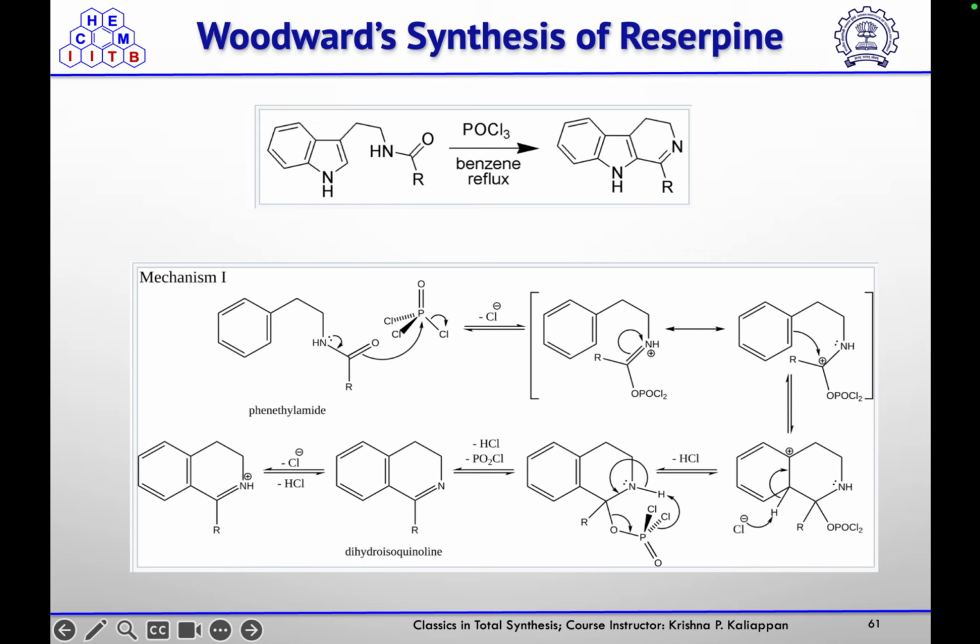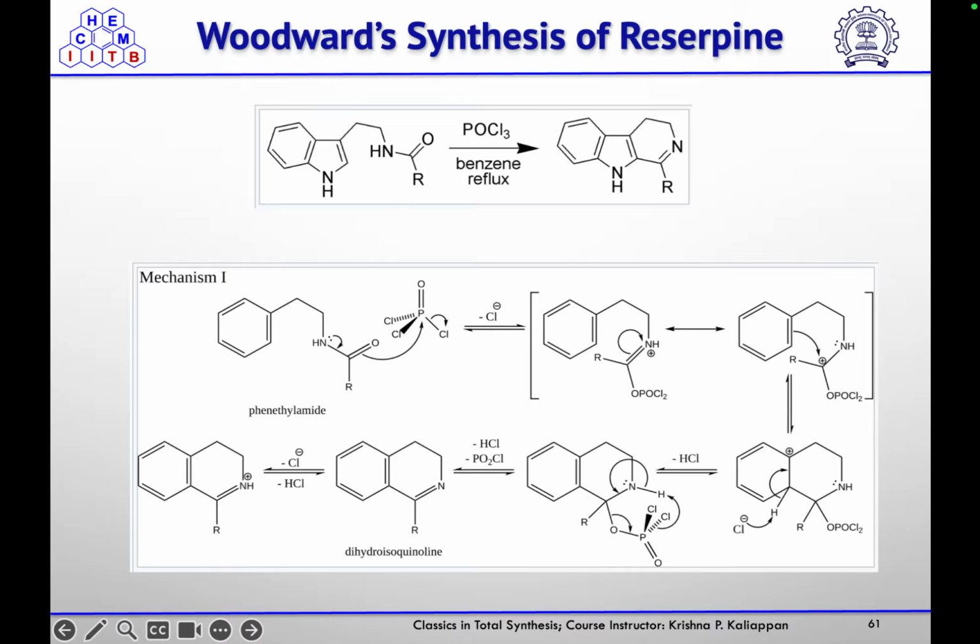So this, on reaction with POCl3, nitrogen will push the electron density and oxygen will react with phosphorus, because phosphorus is oxophilic, and one of the chlorines will leave. So this imine will form first, and then that benzene ring will attack on that imine to neutralize the positive charge on nitrogen.